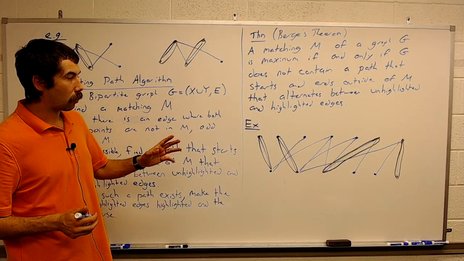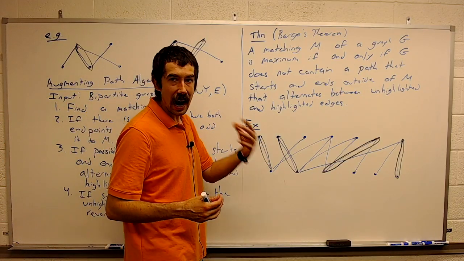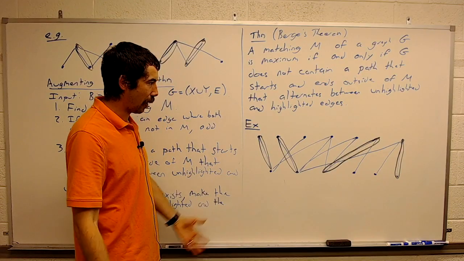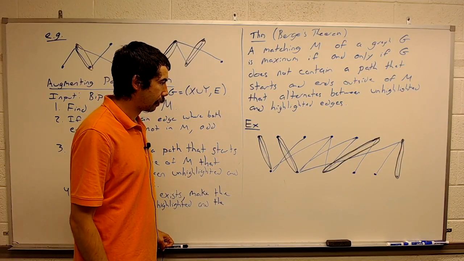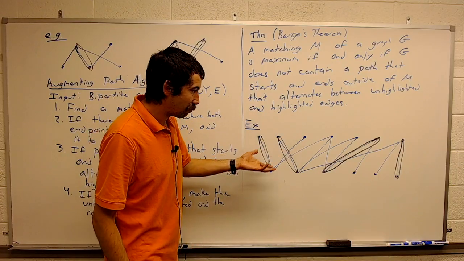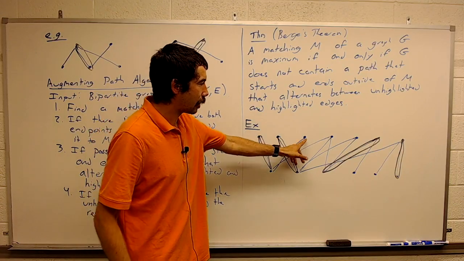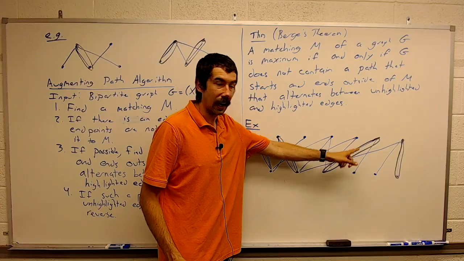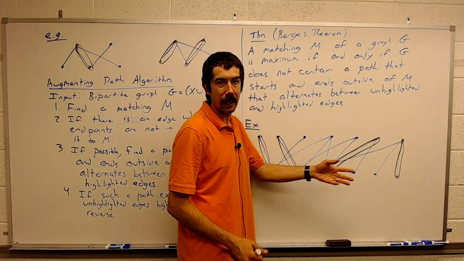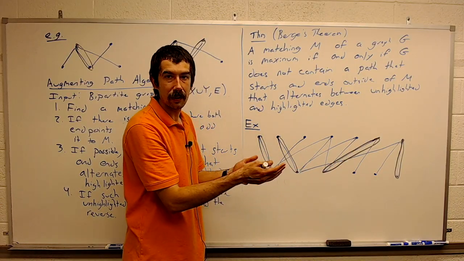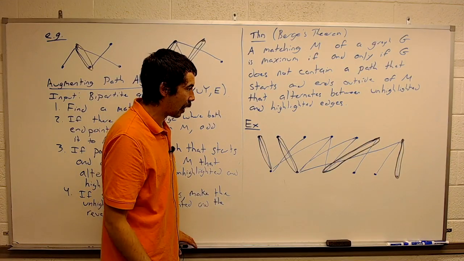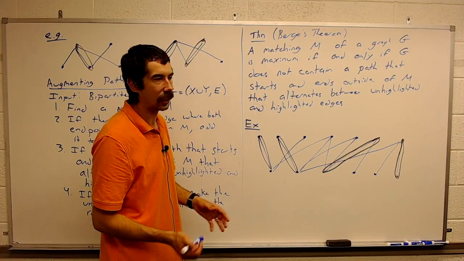Okay, so first thing we want to check, are there any obvious edges we could include into our matching? And the answer is no, right? So we would look at the vertices that are not currently highlighted by our matching and check, do they have any edges out of them whose other endpoint is not highlighted, and no. So there's no obvious edges we could add.